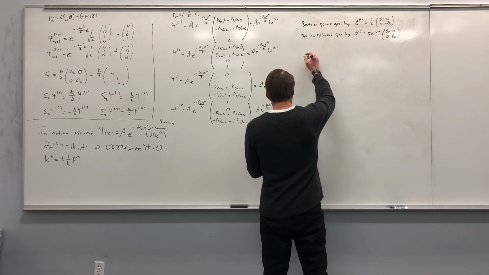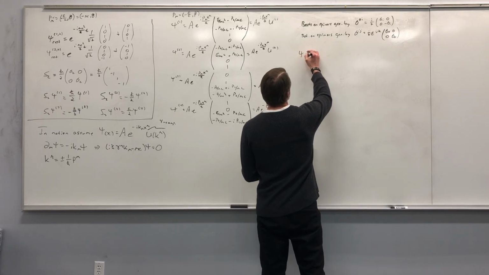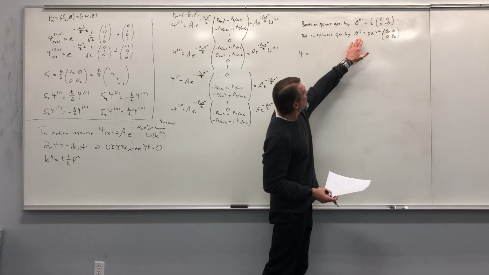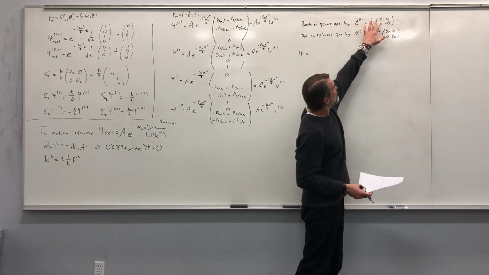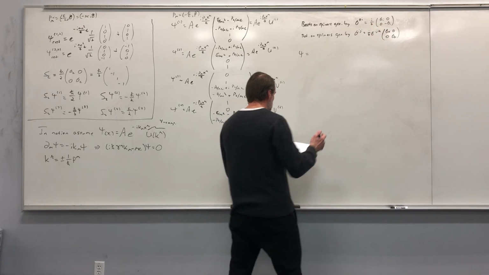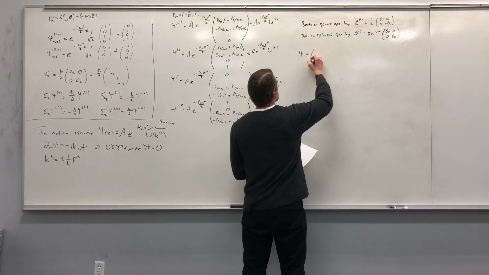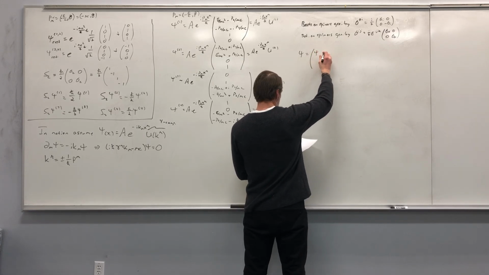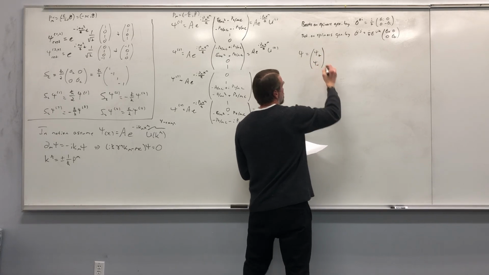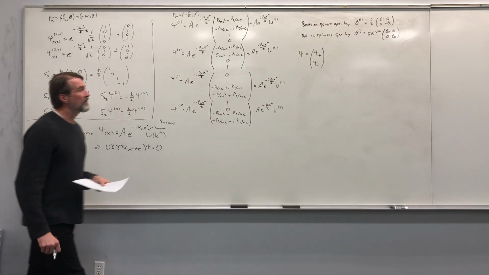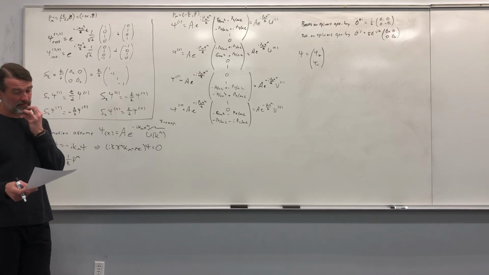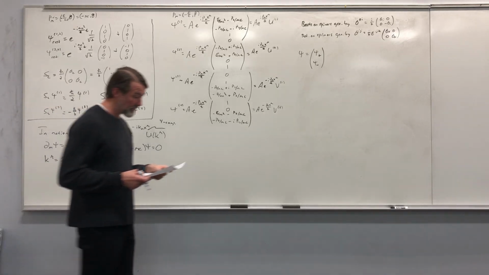So if we take a 4-component spinner, psi, then by looking at these generators and their sort of block diagonal form, it kind of becomes obvious that maybe we should think of the spinner in terms of an upper component and a lower component, psi plus and psi minus. So psi plus has 2 parts and psi minus has 2 parts. Again, this is a notational nightmare, but bear with me, okay?